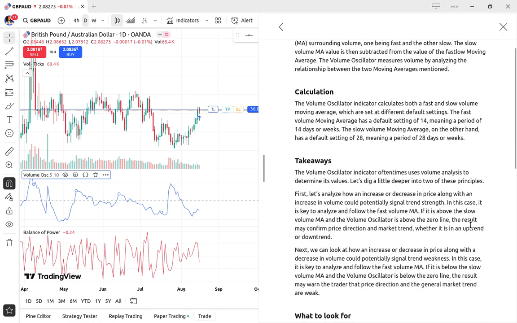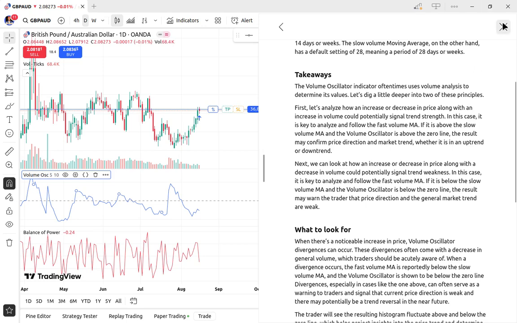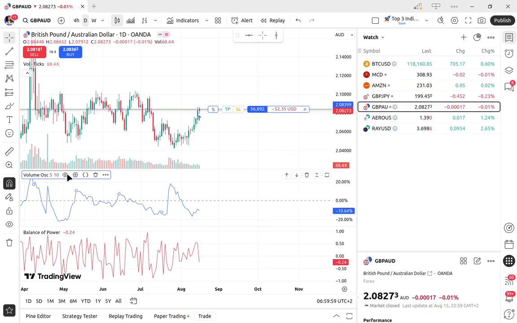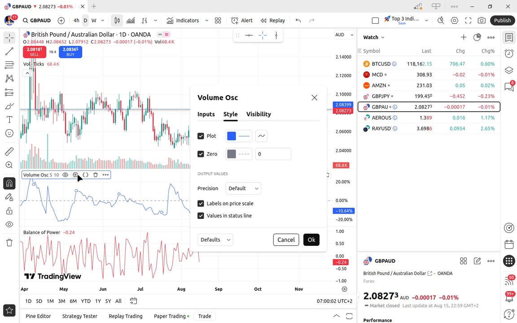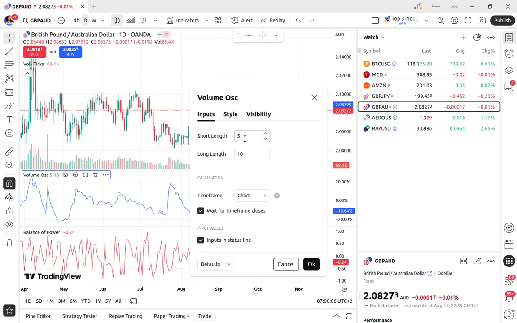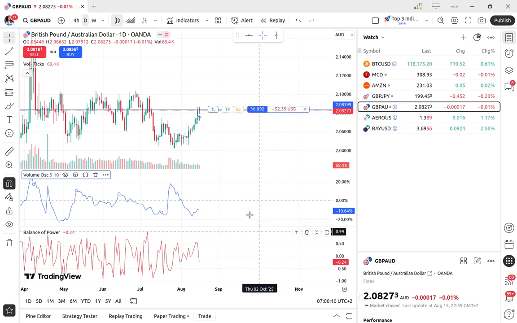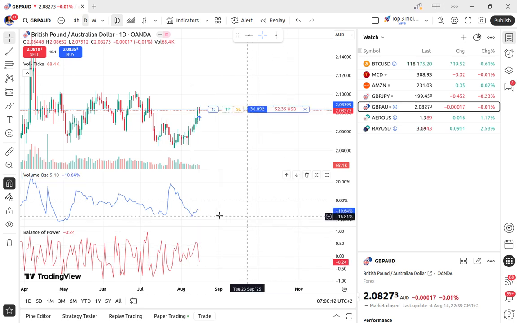Okay, so basically, this is what you have. Now in this case we have the short length of 5 days and the long length of 10 days. The difference between these two moving averages is this line here.